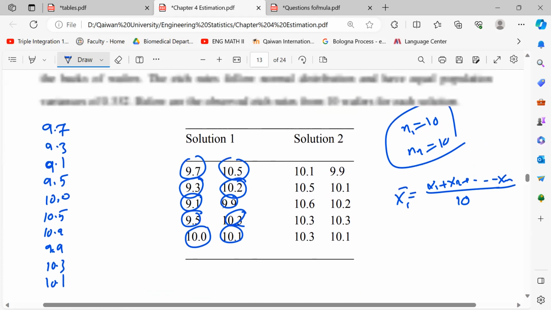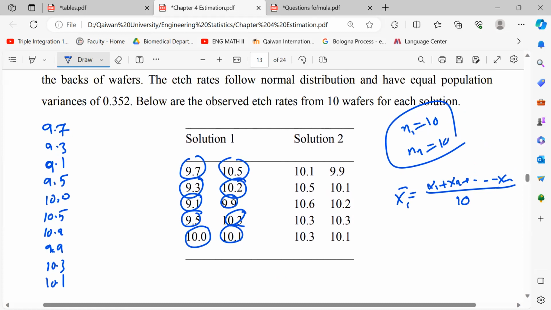Now, to find the variance, we need to first find the difference of these data and the mean. We subtract from all of these, okay? Minus x bar, minus x bar, minus x bar, minus x bar.